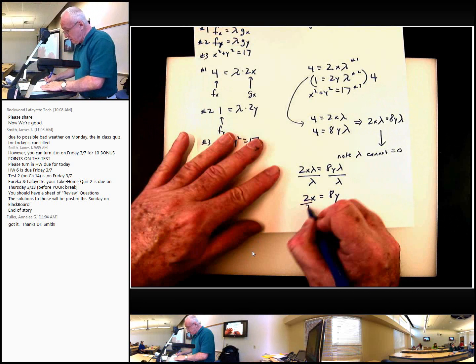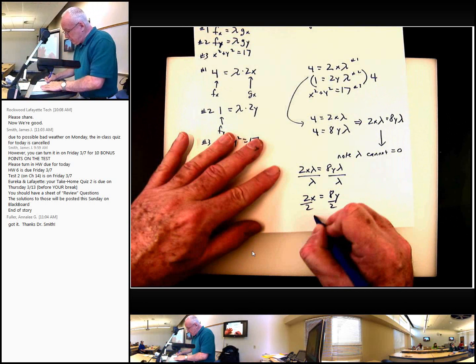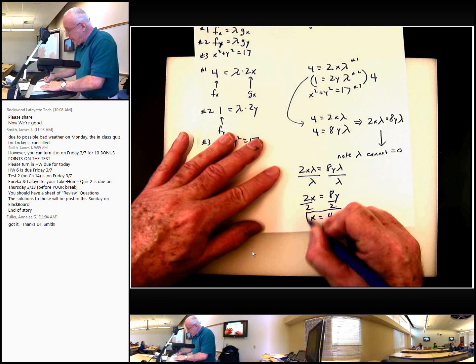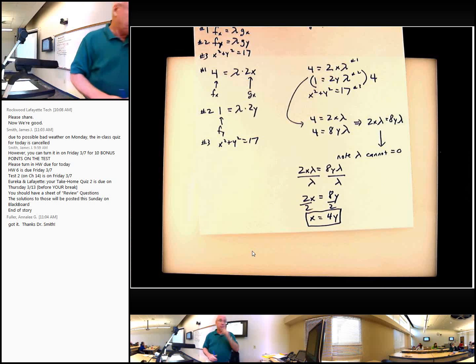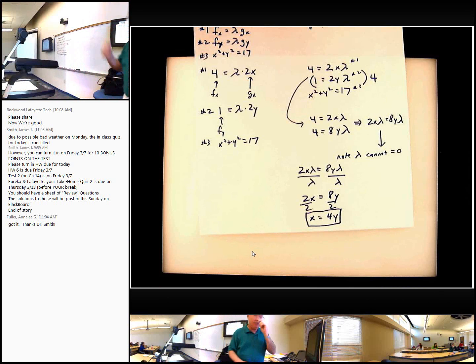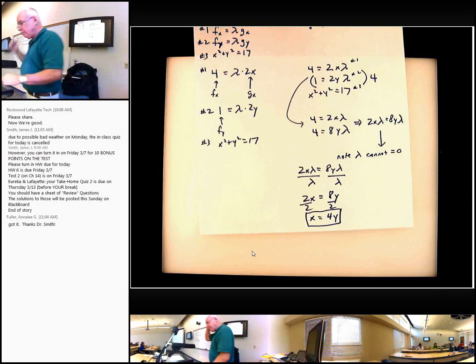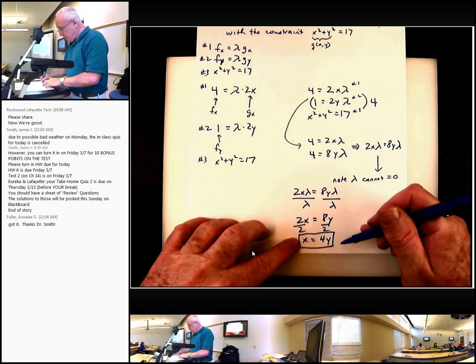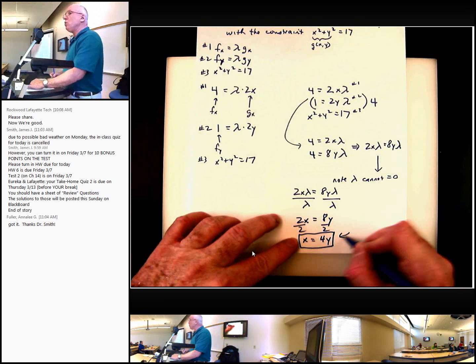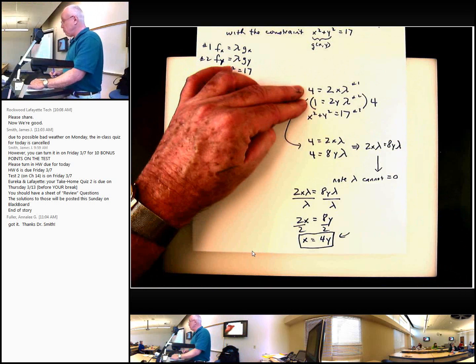We can divide both sides by 2 just to make life easier for ourselves. So we now have the relationship that x has to equal 4y. All right. We got this relationship by using equation 1 and equation 2. That's what we used.